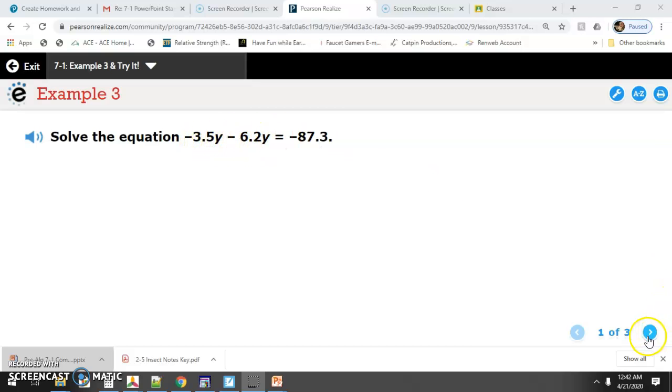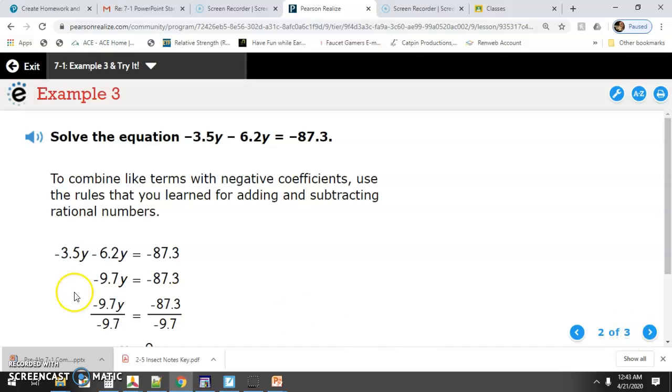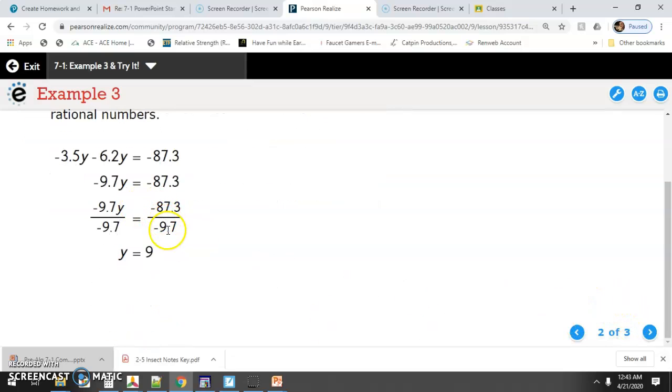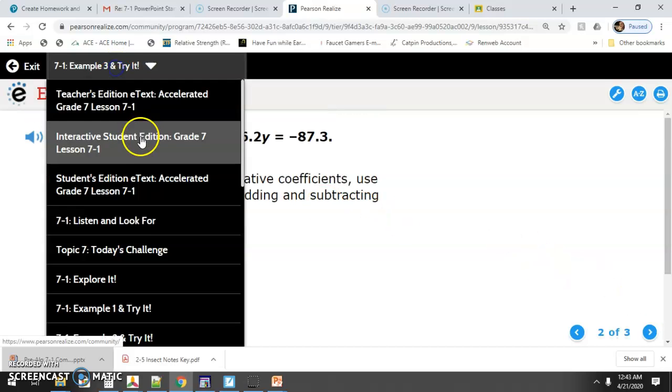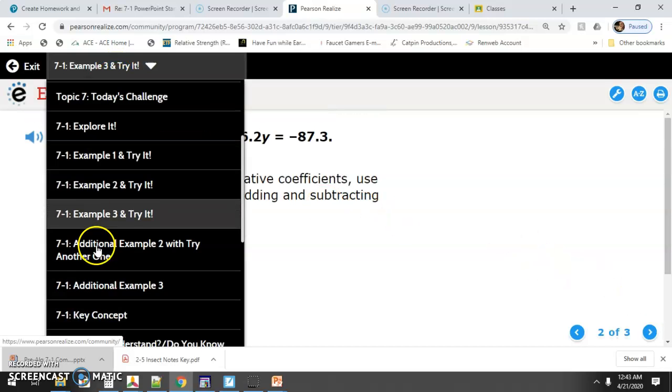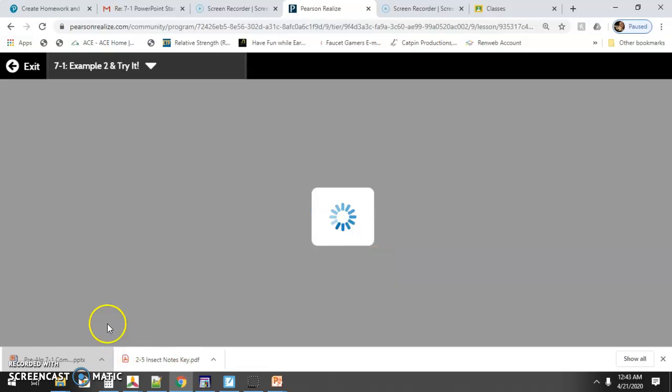So when they are both negative and both have a y, you add the numbers and keep the sign the same, so it becomes negative 9.7y. Then you cancel the multiplication with division, and cancel a negative by dividing by a negative. On the other side, you have a negative divided by a negative, which is equal to a positive 9.